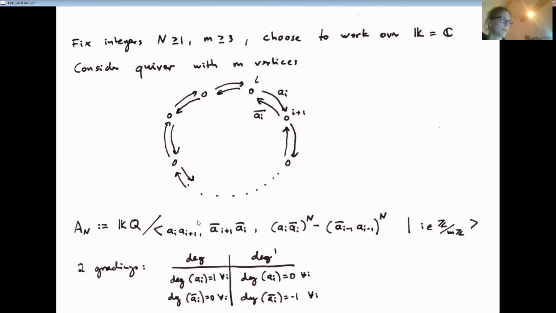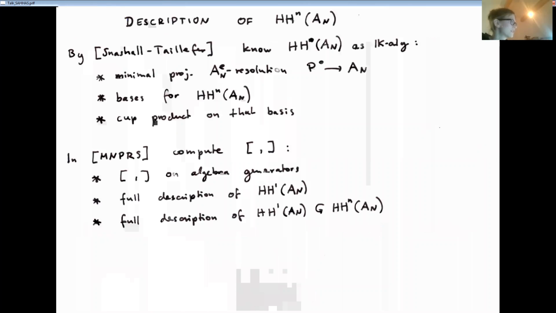But we thought that it might be a situation where we can apply Mariano's methods, and it turned out that we could, and we obtained quite a lot of results on the structure.